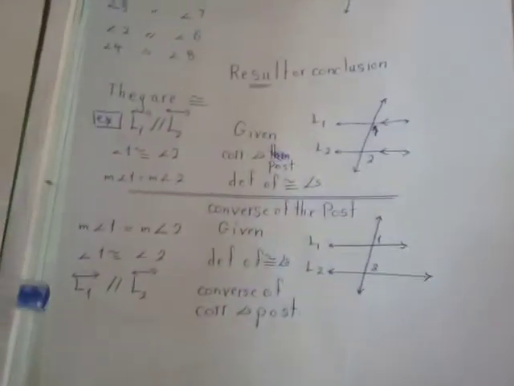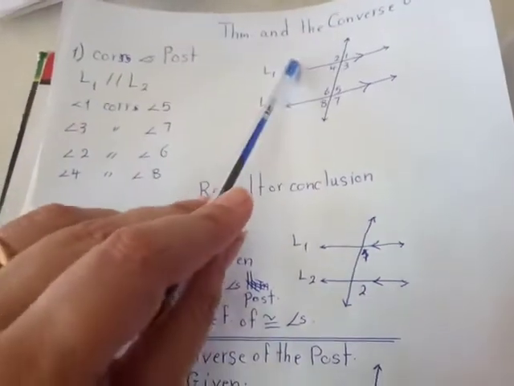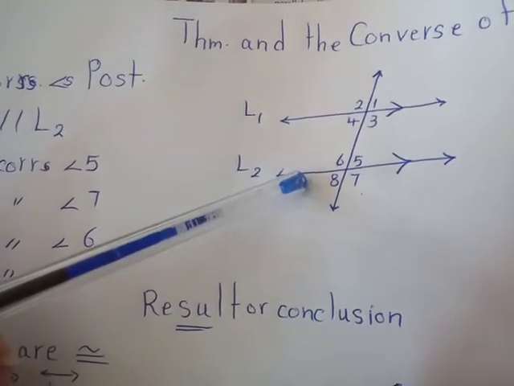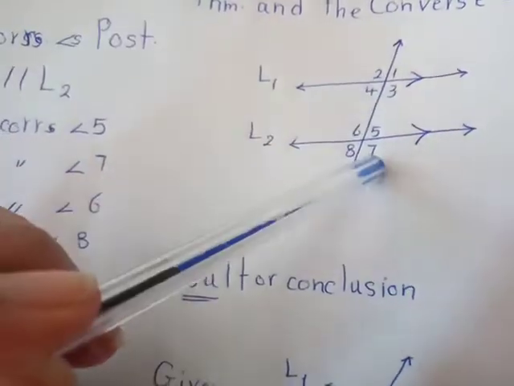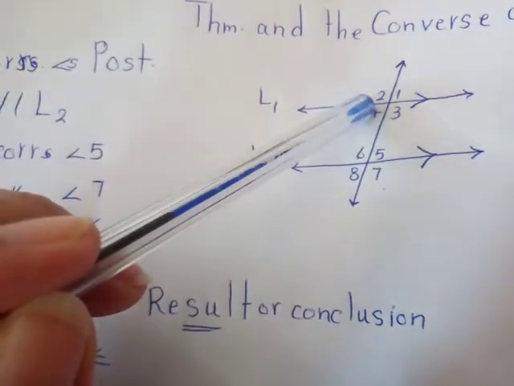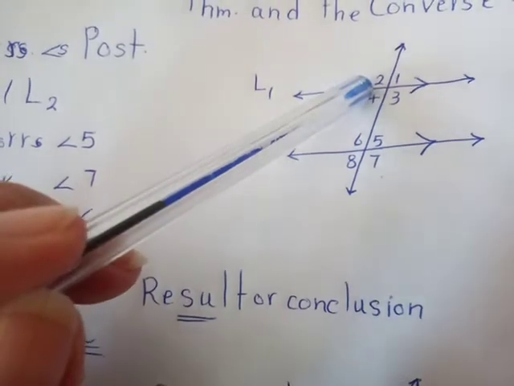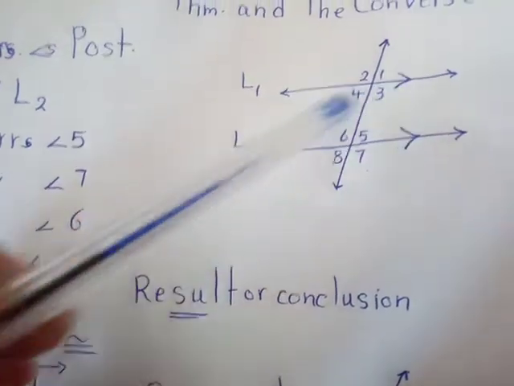In the same way, if we speak about the alternate interior angles, if we have two parallel lines, okay, can you give me two alternate interior angles? Yes, we said make an X or Z. So angle 4 is alternate interior to angle 5, or angle 3 and angle 6.